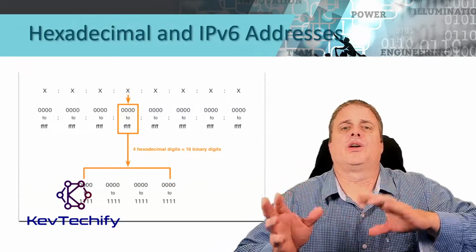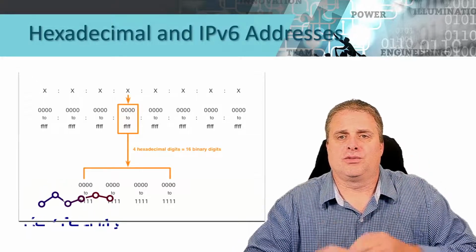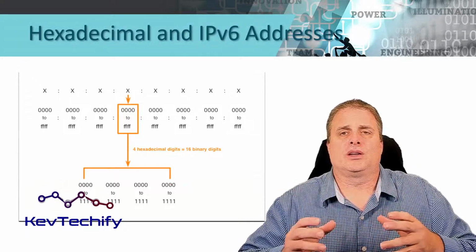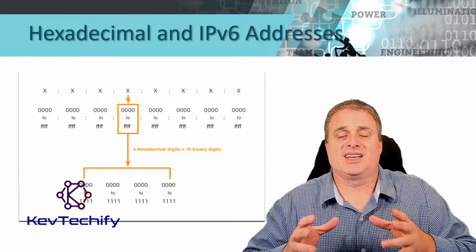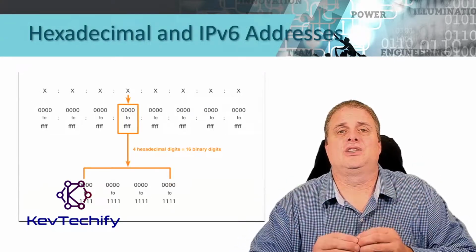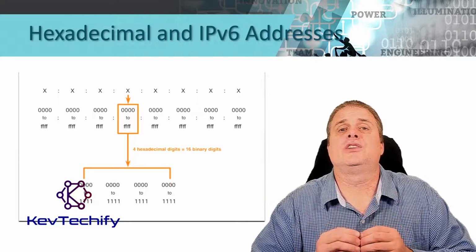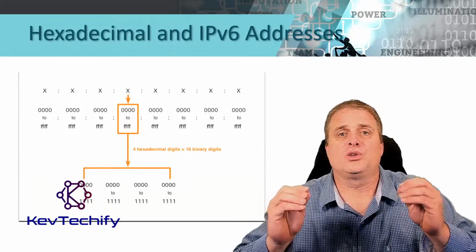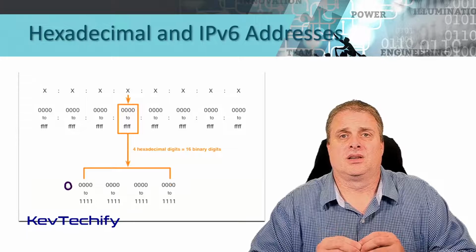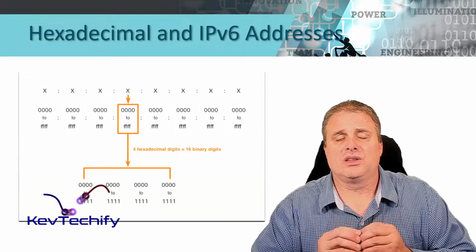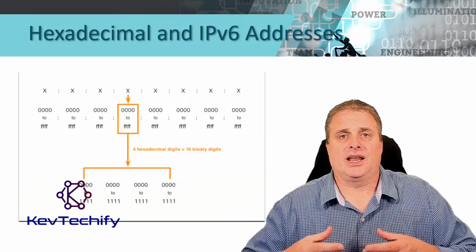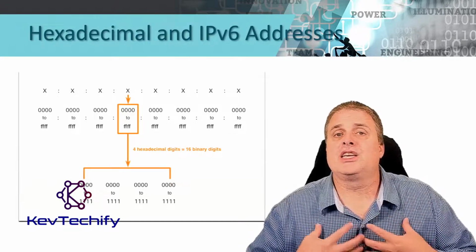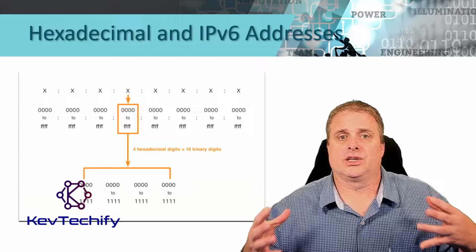By the time we get done converting all those 128 bits into 4-bit hexadecimal numbers, we get a series of 32 hexadecimal numbers. Those 32 hexadecimal numbers are a lot easier to remember, to write down, and to enter into your computer than those 128 bits, that string of ones and zeros. That's why we like to use hexadecimal numbers, because it helps simplify long strings like the 128 bits for us humans.